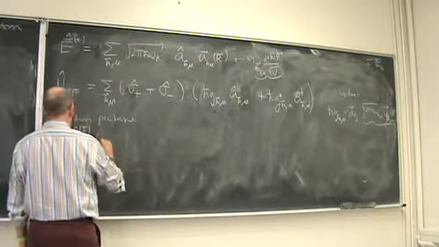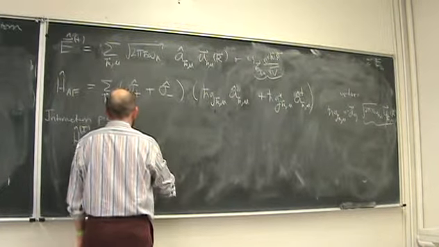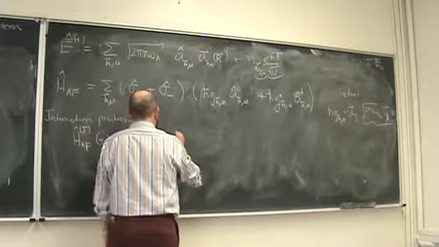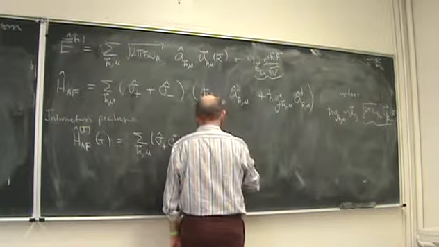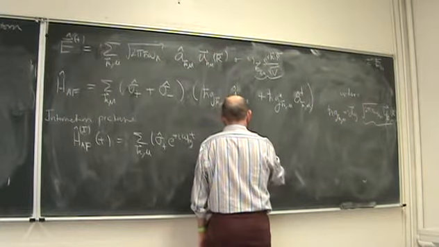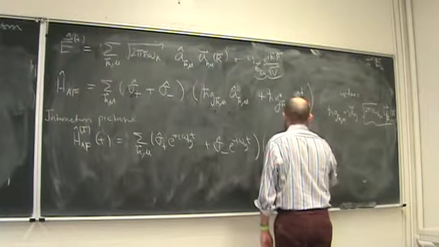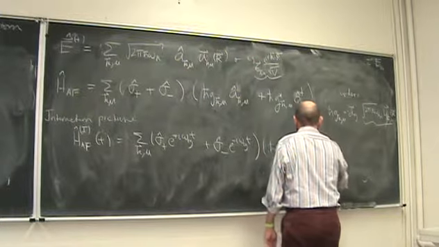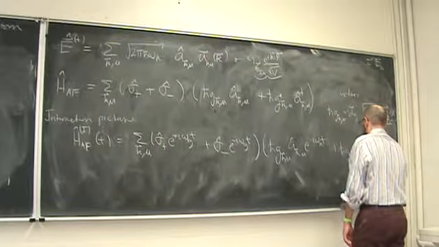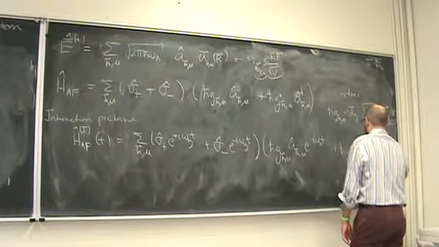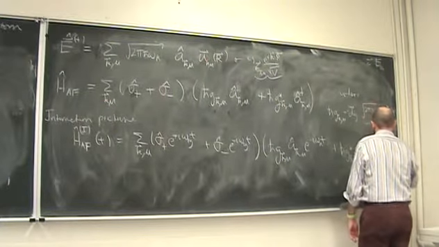So the interaction Hamiltonian in the interaction picture is now the sum over k mu of h bar g, with sigma plus evolving like e to the plus i omega_eg t, and a evolving like e to the minus i omega_k t, and a dagger evolving like e to the plus i omega_k t.